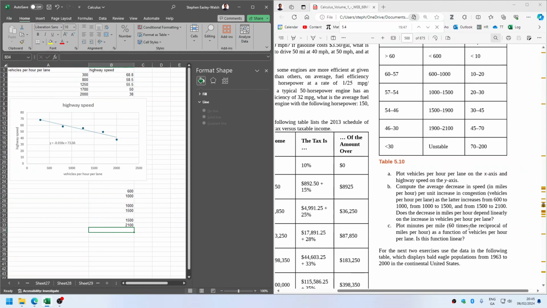Plot miles per minute. That would be 73.56 plus 600 times minus 0.016. So the change, yeah, it's a decrease. So we'll calculate the decrease: 6.4, 9.6.